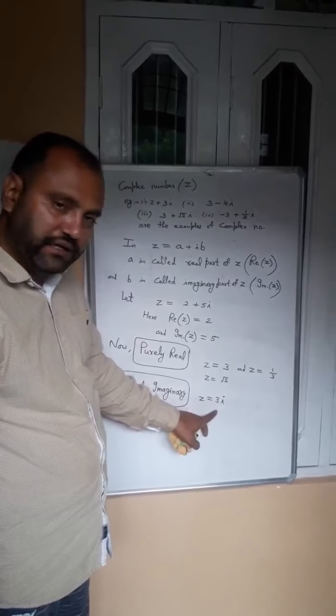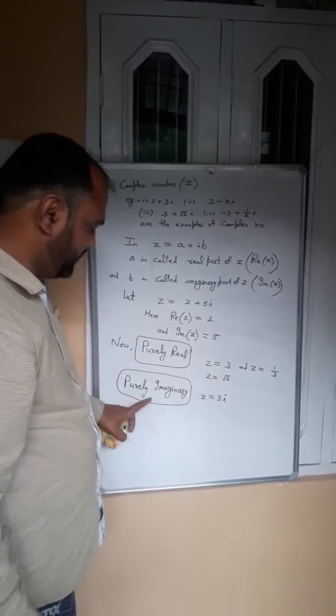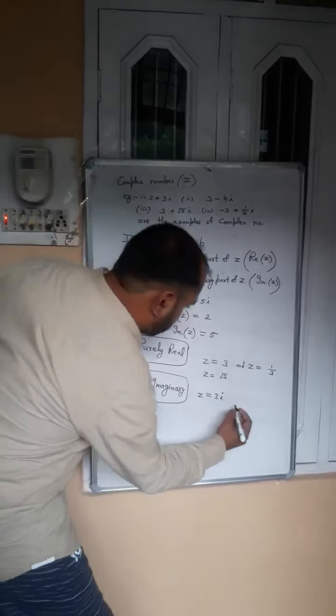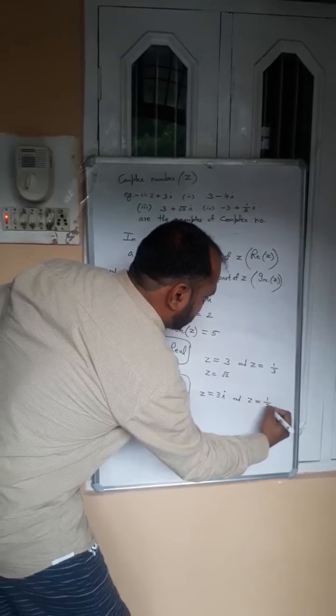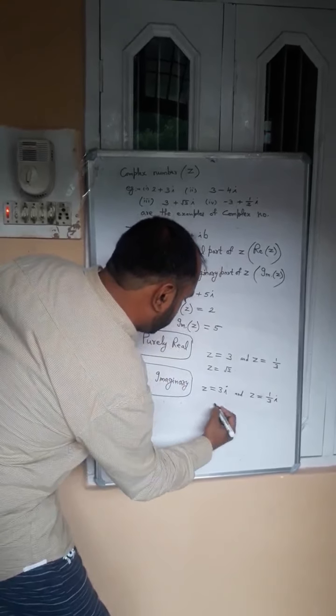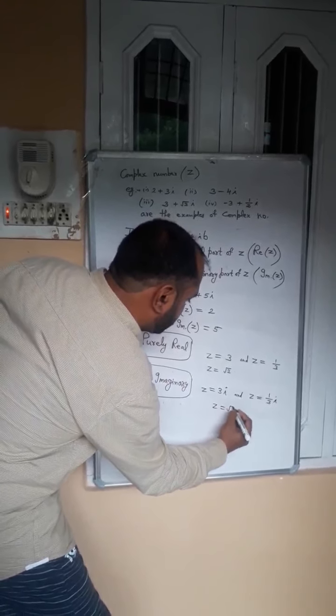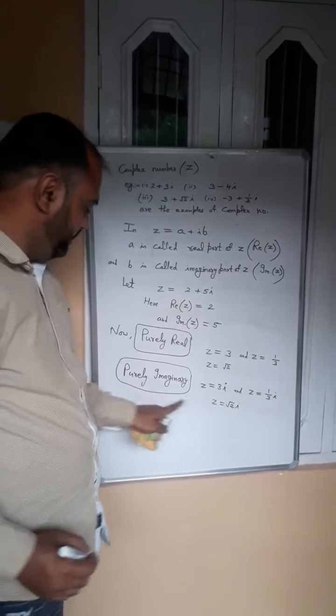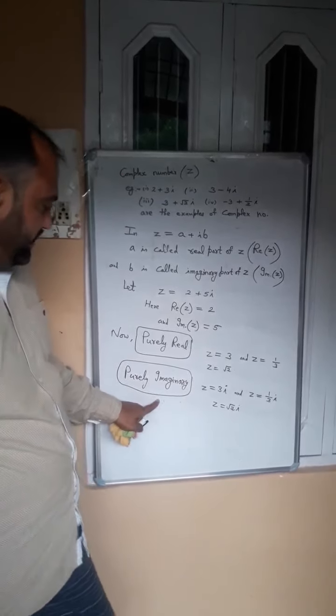There is only an imaginary part. So that's why this is called purely imaginary. And another example, z is equal to 1 by 3 iota, z is equal to root 2 iota. So these are the examples of purely imaginary.